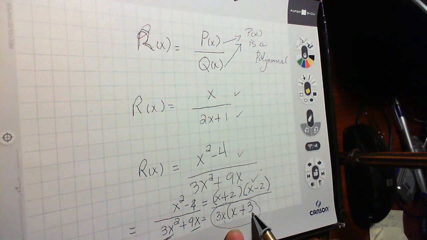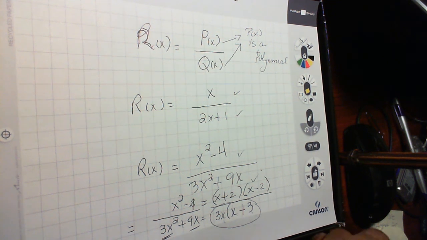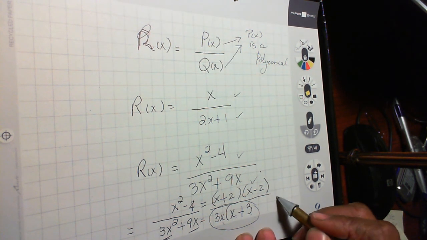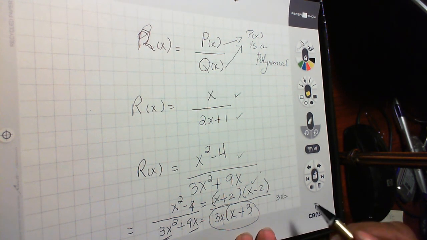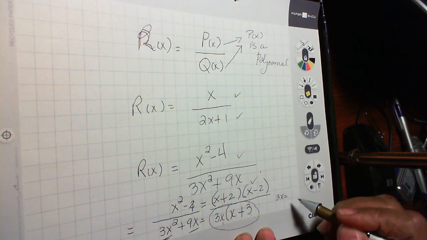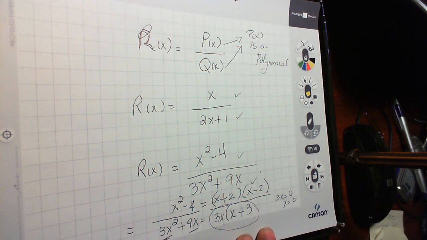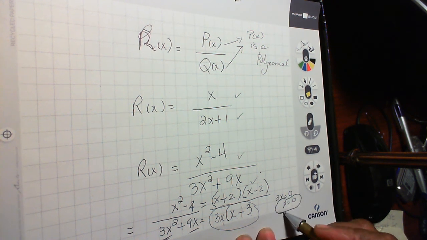If x plus 3 is 0, the whole thing at the bottom is 0. Remember, multiplication by 0 will give you a 0. So if we set 3x to be 0, these are the points we're going to exclude. x is equal to 0, dividing through by 3. So x cannot be 0.